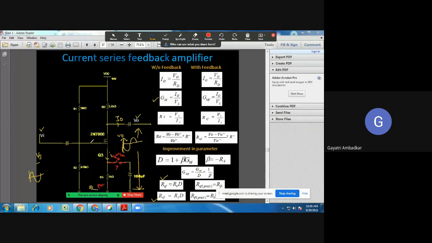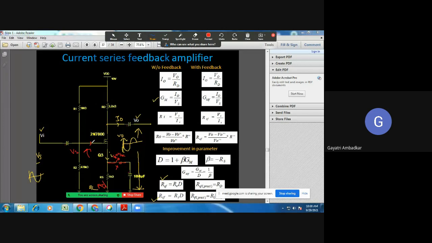Now look at this input side. What is the total input voltage which is received by this? It is the sum of the applied signal Vs, the signal you have applied, and this voltage which is present here, which becomes your feedback voltage. Part of the output is present across RS and the same is present in the input circuit.